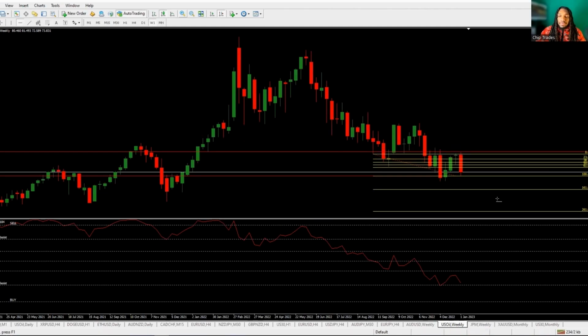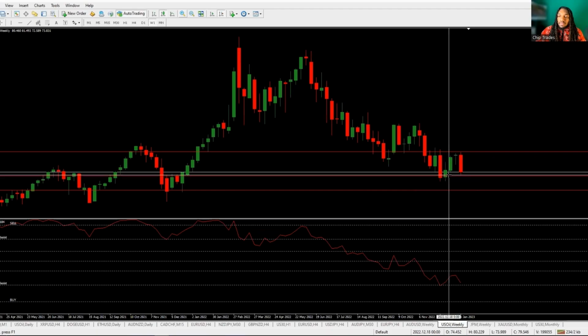Okay, wait for the break of that. The weekly, we have a great zone right here. It's another great zone. So we're going to just take that. It's about 520 pips. We'll just take it to the low.